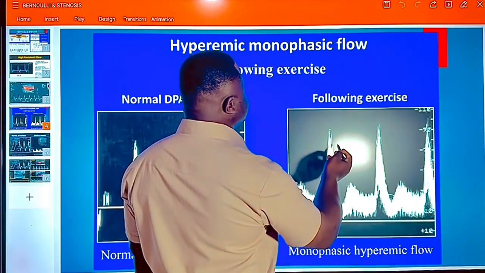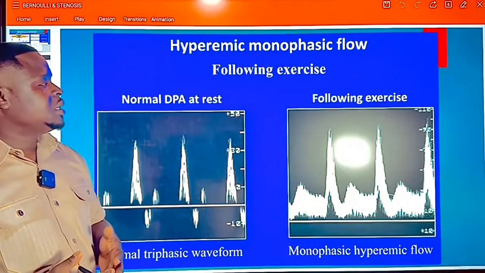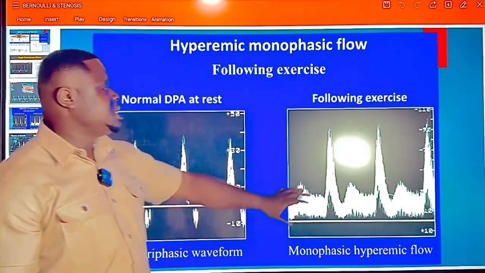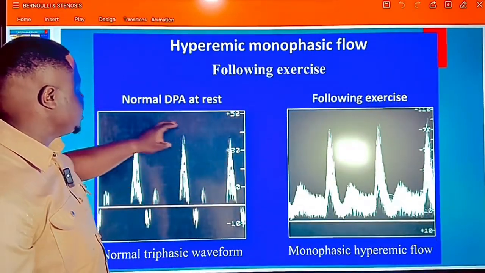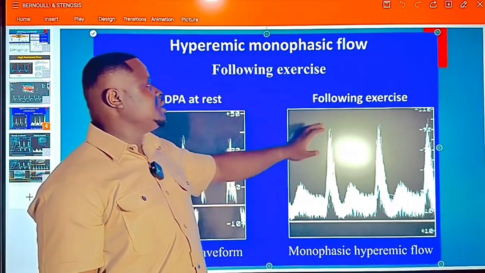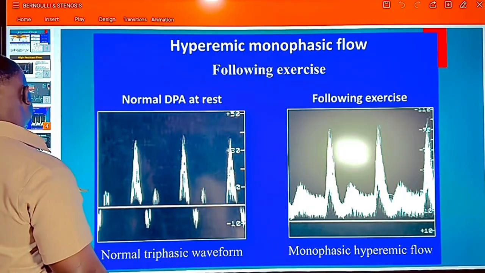Mostly we see this waveform when there is vigorous exercise or when there is an infection in the lower extremity vessels. The fact that you are not seeing a triphasic waveform and you are seeing this waveform doesn't mean it is what? An abnormal waveform. So you also take care of that.